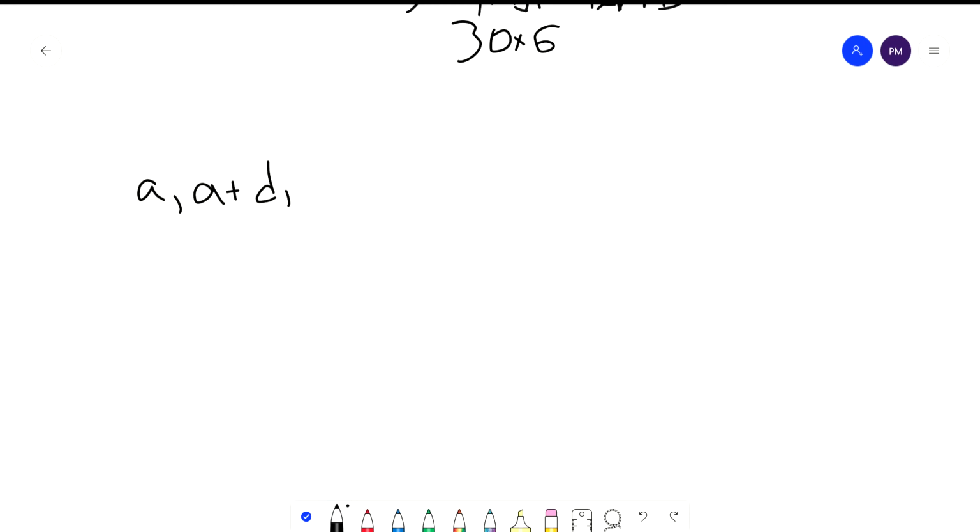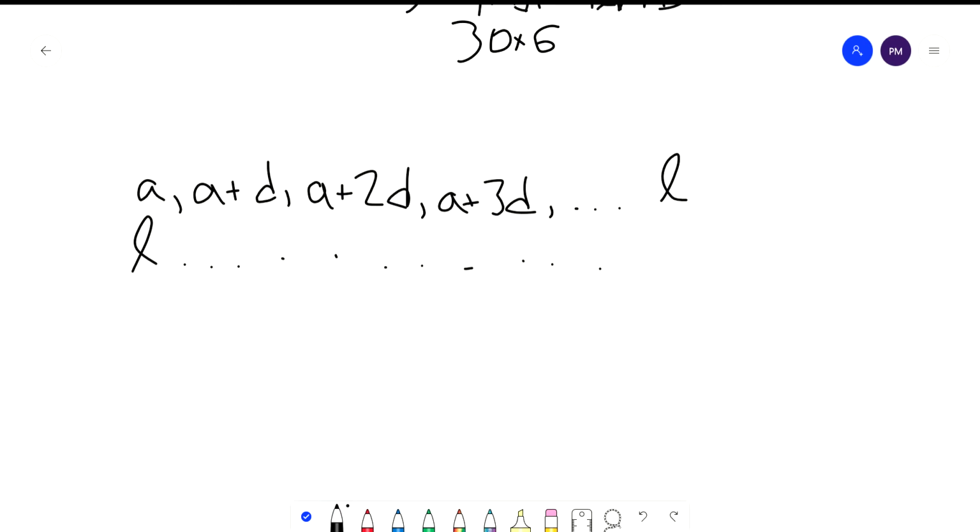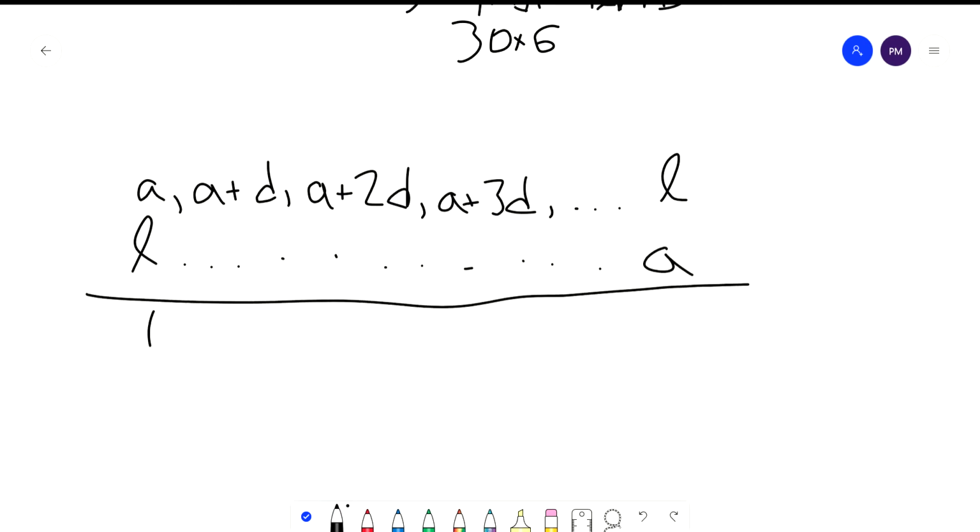The third term a plus 2d, a plus 3d, and all the way until the last term, which I guess we'll just call L. So now we just have to write this backwards, L all the way until a, and then we take the sum, which is going to be a plus L, and then that sum multiplied by the number of terms.